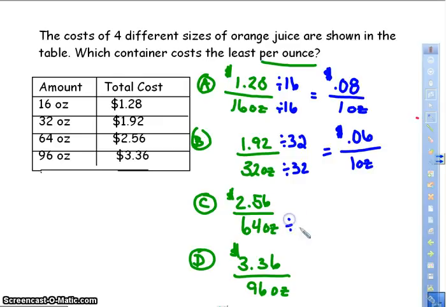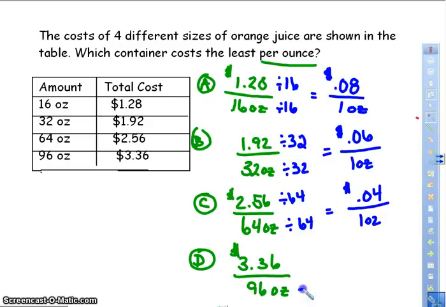On my next container, I'm going to divide by 64, because 64 divided by 64 is 1, so that's my per 1 ounce. And 2.56 divided by 64 is 0.04. Okay, so I'm paying 4 cents per ounce.